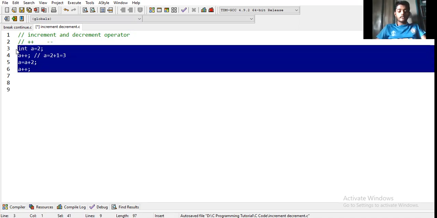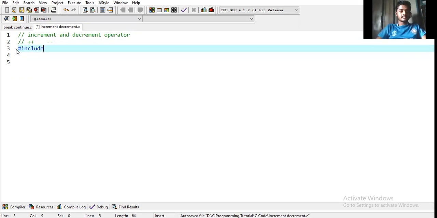So let's write a program using these operators.